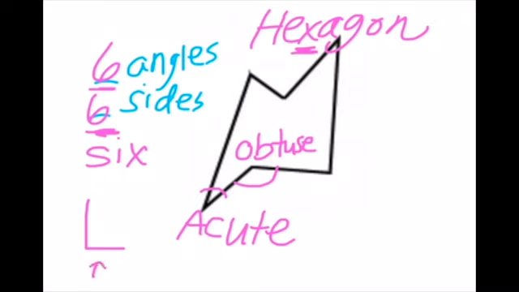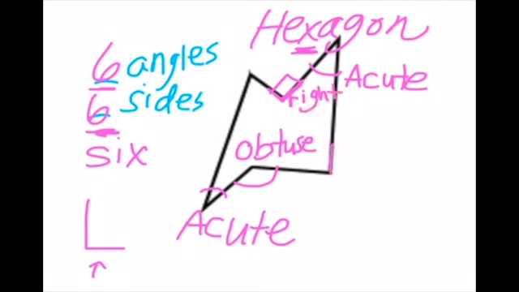And if it's smaller than the L shape, it's acute. Okay, and then right here, I could easily tell that was acute. And then right here, it looks like an L shape. So this looks like a right angle to me.